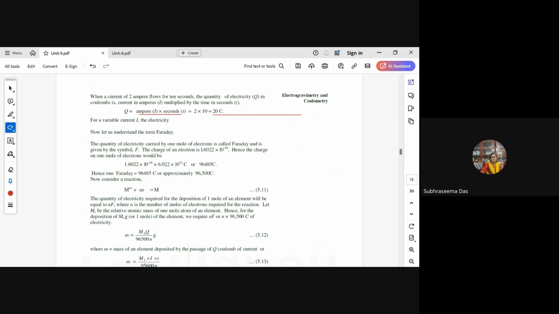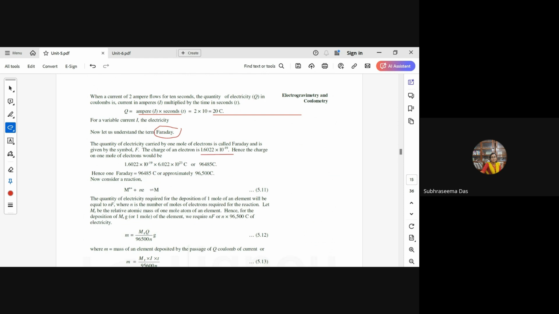Let us understand the term F, Faraday. The quantity of electricity carried by 1 mole of electrons is called a Faraday, given by the symbol capital F. We know the charge of an electron is 1.6 into 10 to the power minus 19.